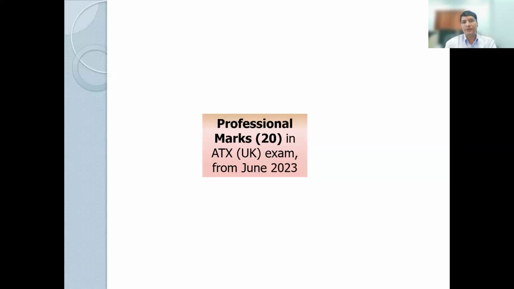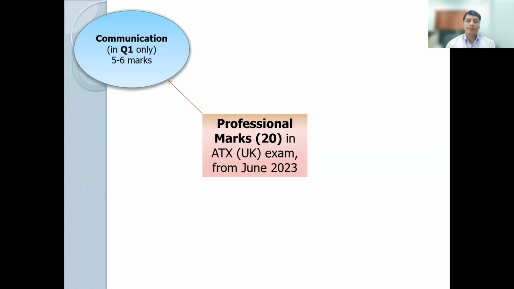Out of the 20 professional marks, 10 marks is going to be in question number 1. So if you look at question number 1, which is 50 marks, only 35 marks is coming from tax technical, 5 marks from the ethical, and 10 marks from the professional skills. And out of the professional skills 10 marks, about 4 to 5, I've said there 5 to 6, I slightly exaggerated, 4 to 5 marks comes from the communication alone.